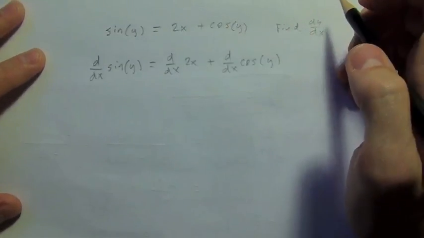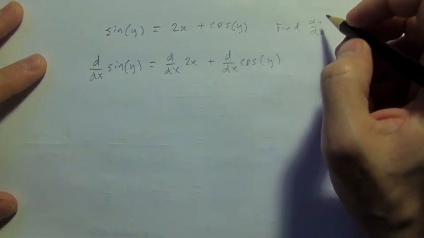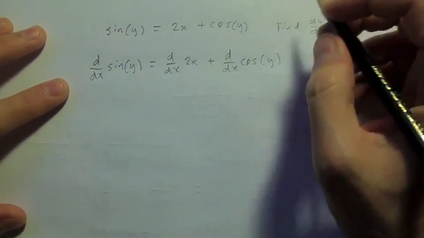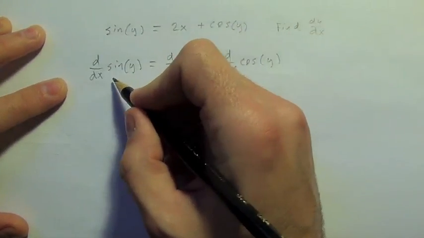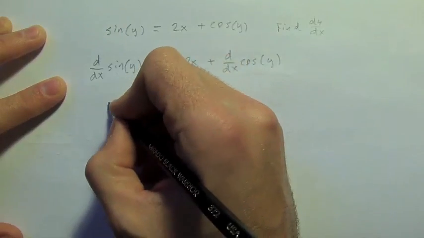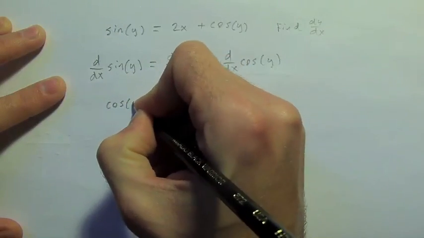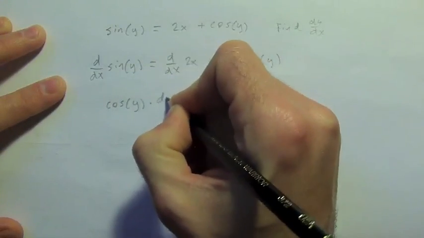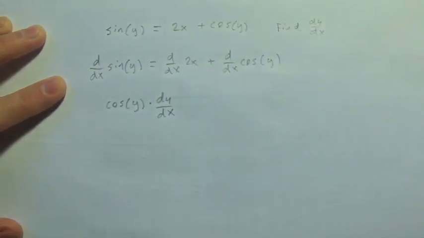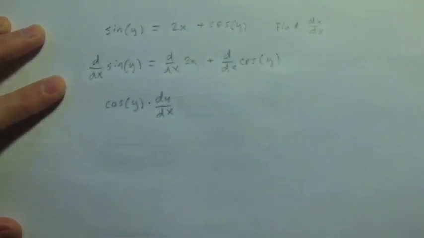And then anytime I take the derivative of something with a y, I'm going to throw in a dy over dx. Okay, so the derivative of sine y, of course, is going to be cosine y times dy over dx.